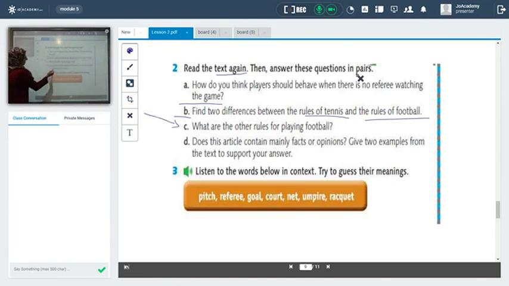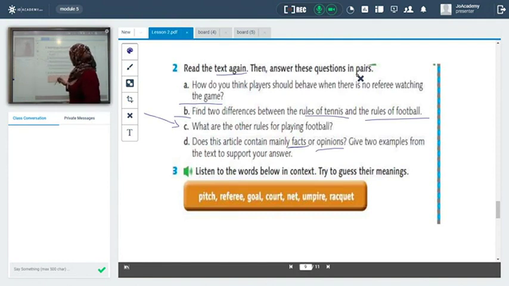Now D. Does the article contain mainly facts or opinions? Give two examples from the text to support your answer. Now, as you know, when we talk about the rules of a game or describe a particular game, we use facts, not opinion, unless we want to express our feelings toward that game. But let's have a look at the article again.